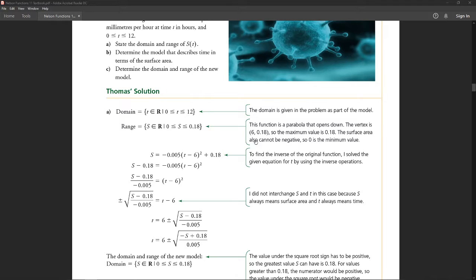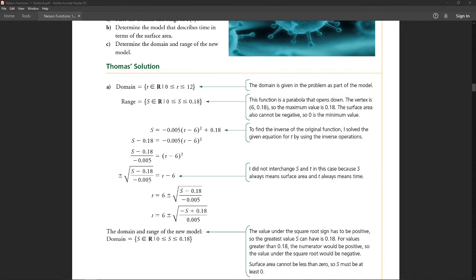The function is a parabola. Alright, Anya, chill out for a little bit.